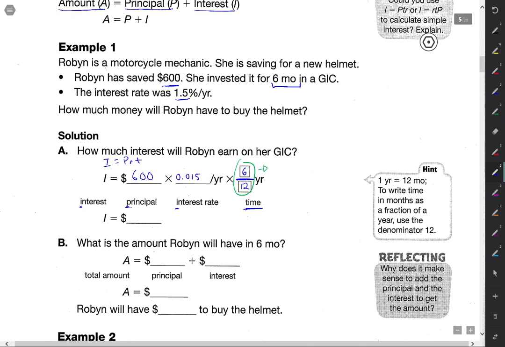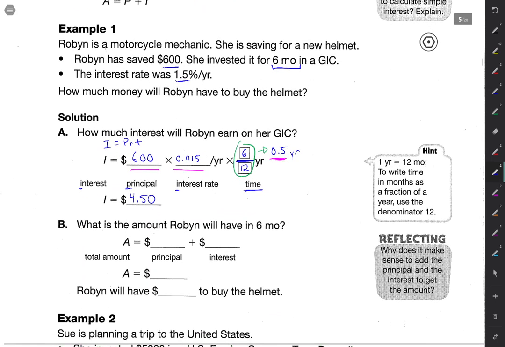That would be 0.5 years. So in your calculator, you're going to do 600 times 0.015 times 0.5. And you should get 4.50 as the interest, or $4.50.